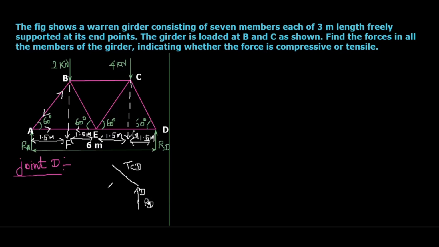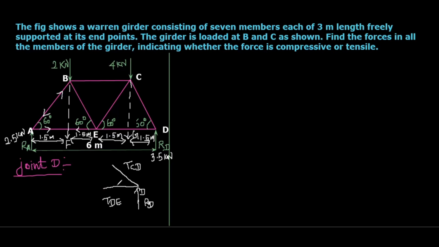The horizontal force, the tension in the member DE or ED, whatever that is acting. As usual, the RD is the magnitude wise and direction wise known value. The value of RD that equal to 3.5 kilonewton, RA 2.5 kilonewton, that we calculated already in the reaction calculation.